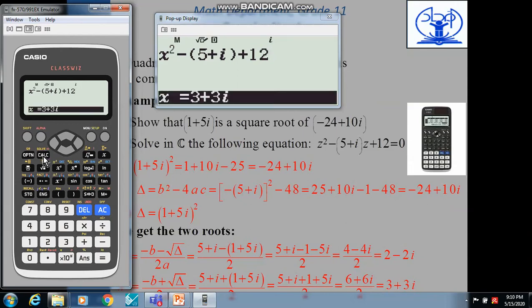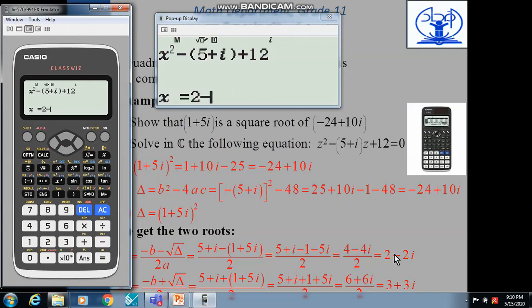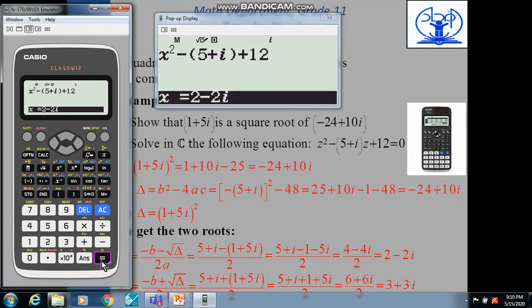I press calc. When I press calc, the calculator asks for the value of x. I put x as 2 minus 2i. When I press equal, I fix the value of x. When I press another equal, the calculator substitutes this value in the equation. If we get 0, then 2 minus 2i is a root of this equation.